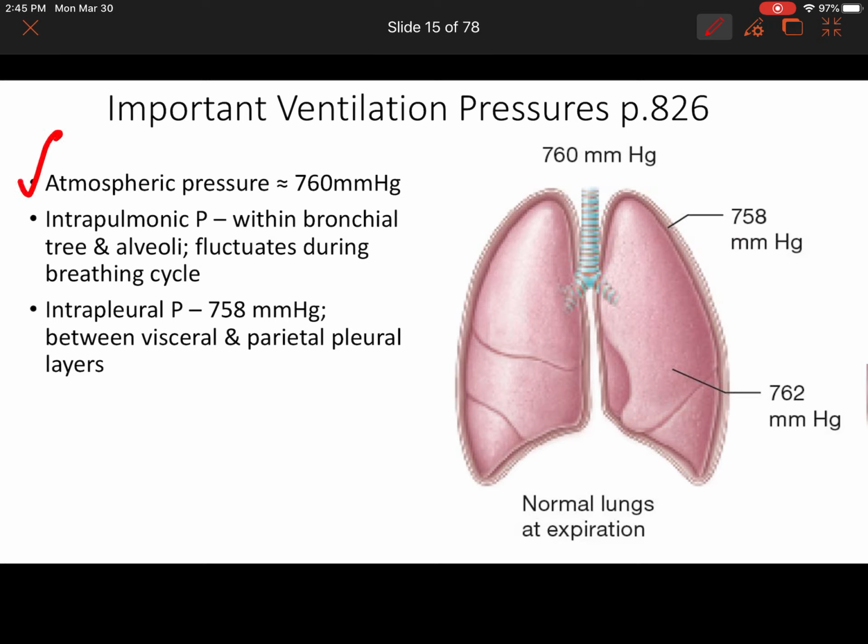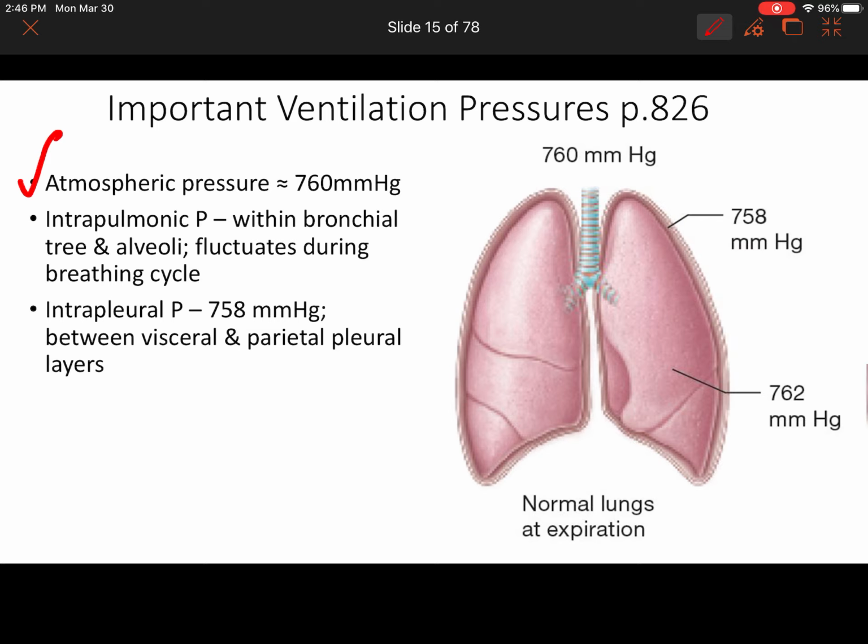The atmospheric pressure, the pressure of the air outside of our bodies, is approximately 760 millimeters of mercury. You should recognize that unit of pressure because we use that unit when we studied blood pressure, except in that case, we were studying liquid pressure, but still the unit is the same for both.